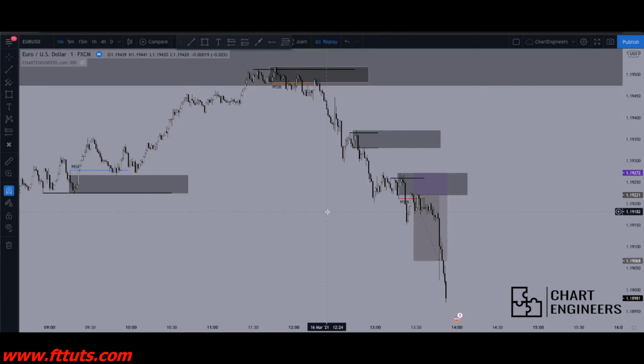And that's a lot of R or percentage. So if you risk 1%, that would be 30%, and if you risk 2%, that would be 60%. Just trading a simple strategy like this, you can make a lot of R and percentage gain on your accounts.